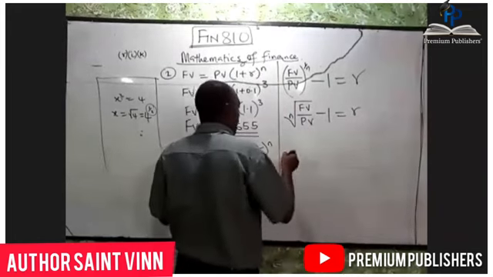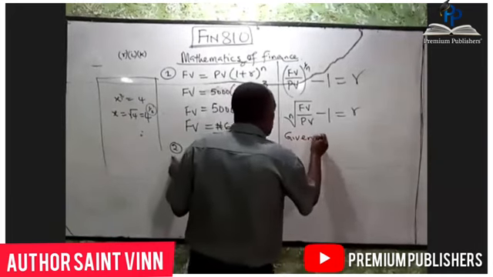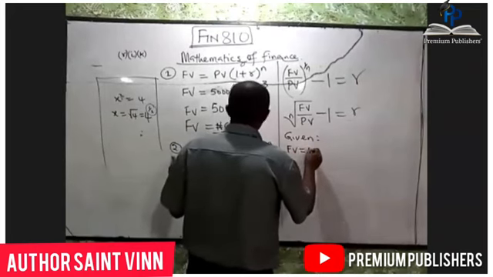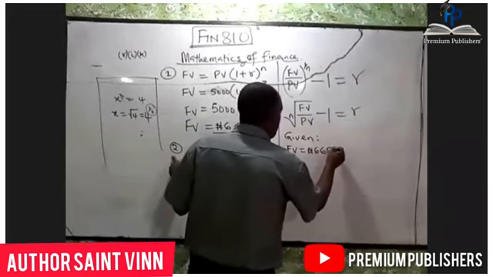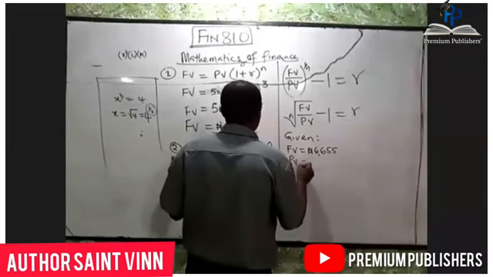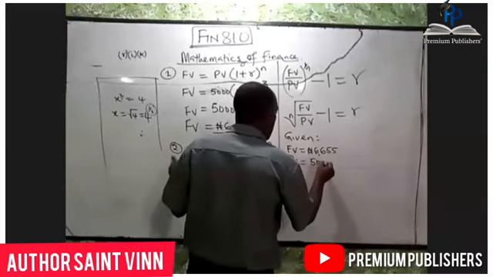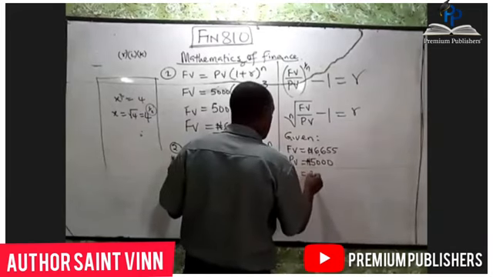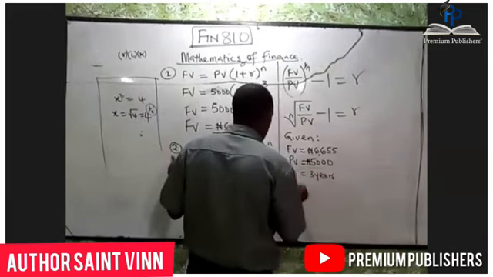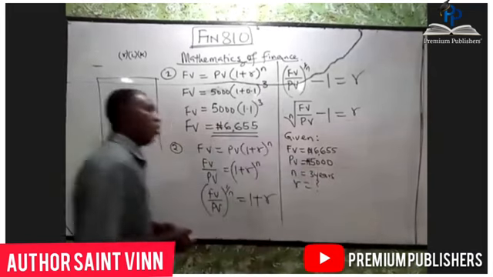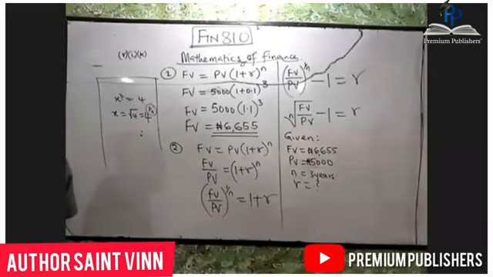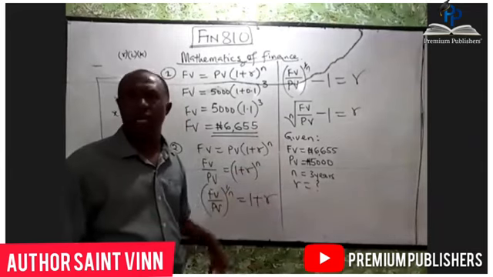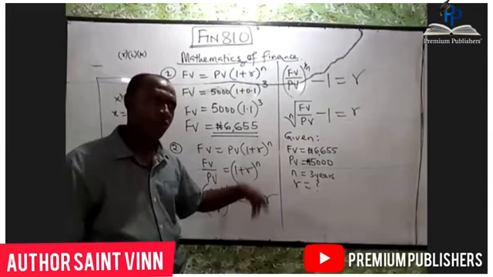This is number 2, like I said. In that number 2, we are given future value as 6655, present value as 5,000 naira, number of years as 3. Rates, we're asked to look for rates. That means our formula is made up of 4 components. 3 are given, and we're asked to find 1.